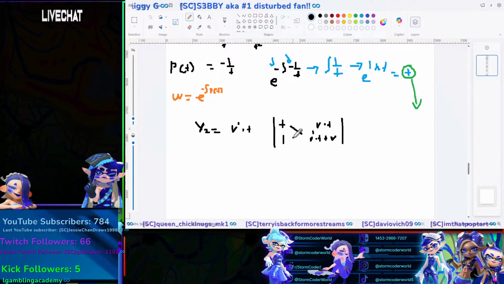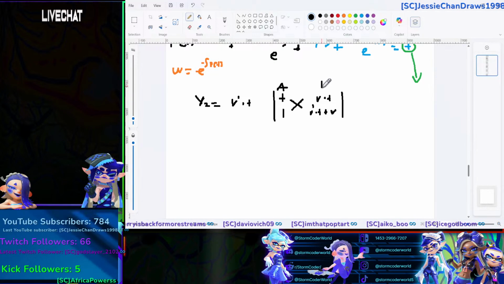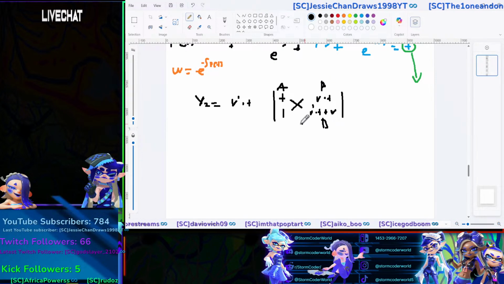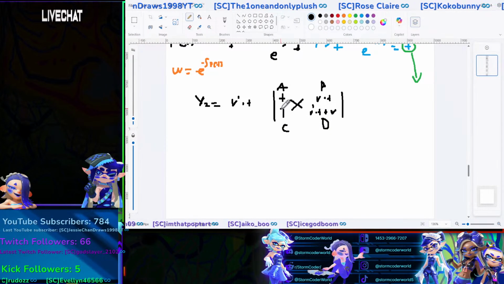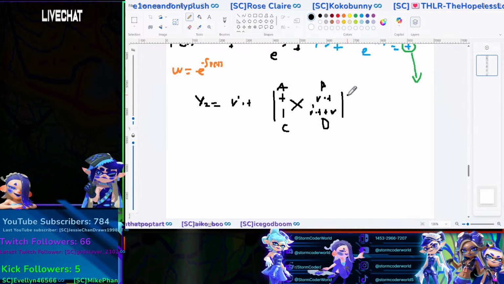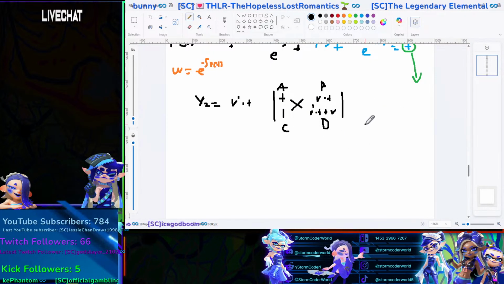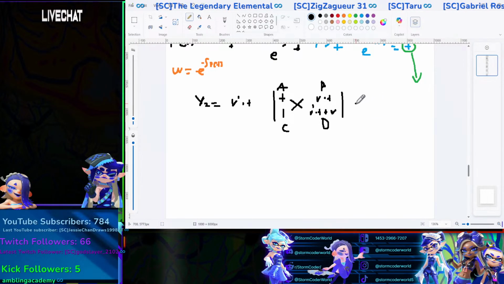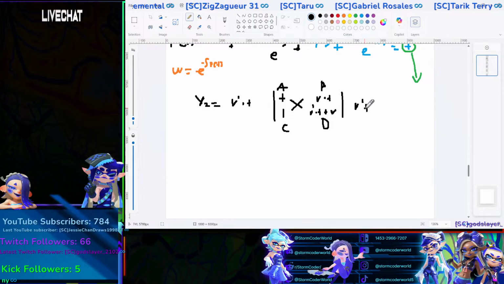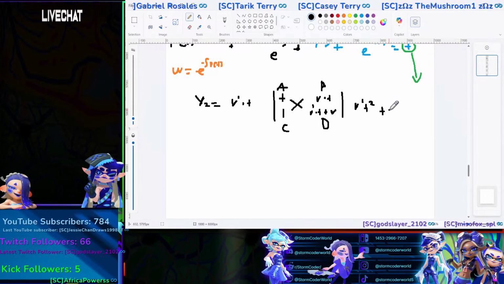Now we cross multiply. So if you don't know the form for this, it's AD minus BC. So this is A, this is B, this is D, and this is C. And then what we would do here is that you factor this over, and we can work around this. So what we do is t into here. So we'd have v prime t squared here, and then that would be plus vt.